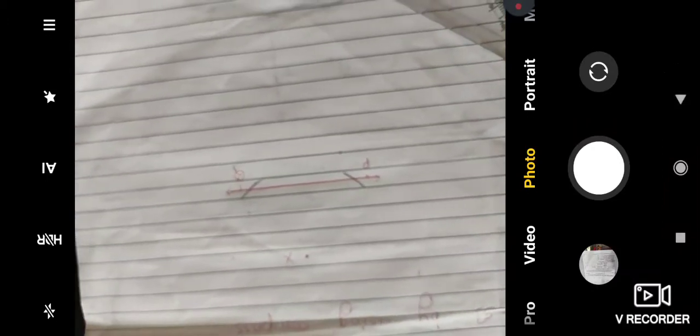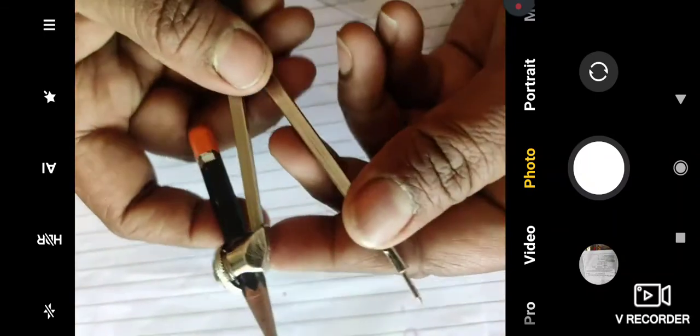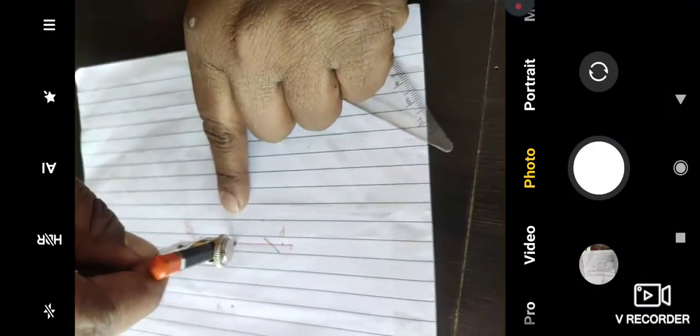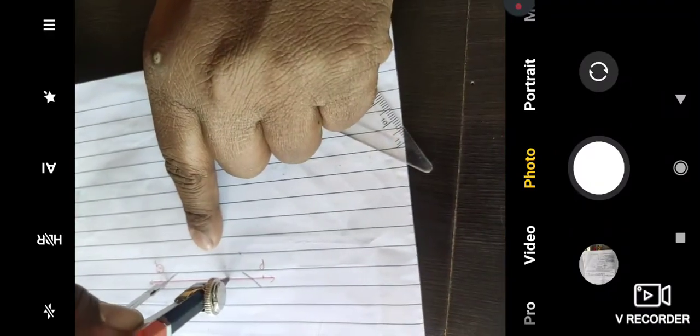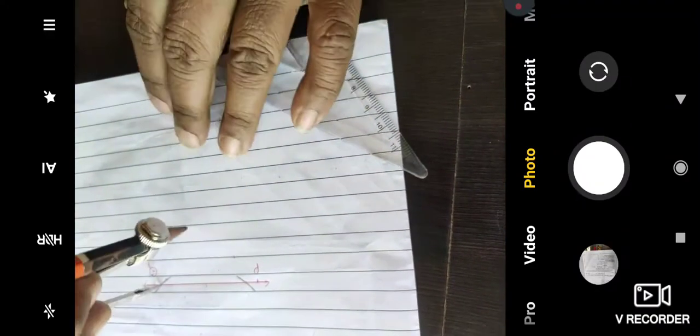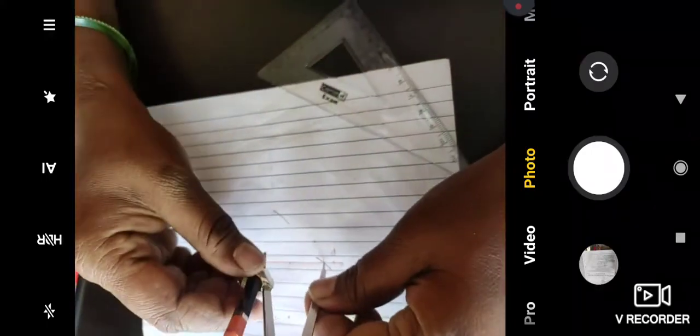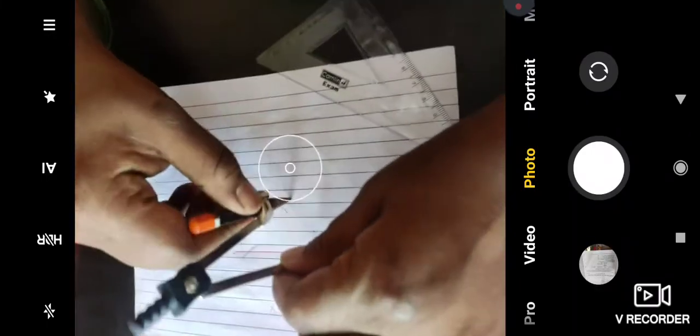Okay, and the next point is, now what we have to do, we have to take more than half distance of these arcs. So here both arcs are there, its half distance is here, and more than half distance we have to take into compass, and then draw the arcs below the line from these points.